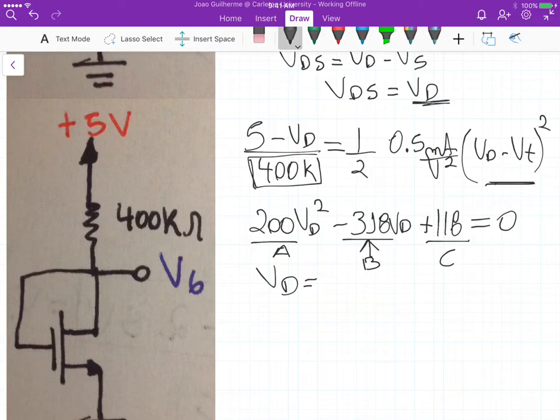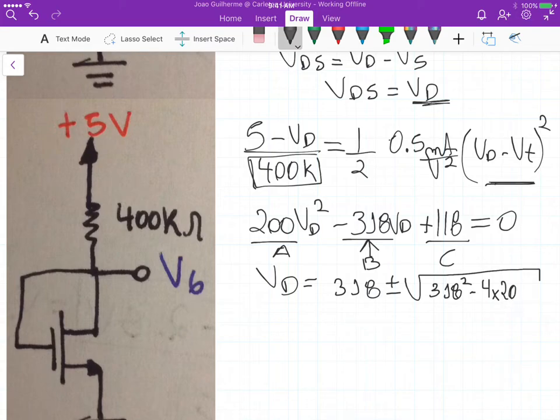So for the quadratic formula, we have minus B, so it's 318 here, plus or minus the square root of B squared, so it's 318 squared, minus 4 times A, which is 200, times C, which is 180, divided by 2 times A, so 2 times 200.